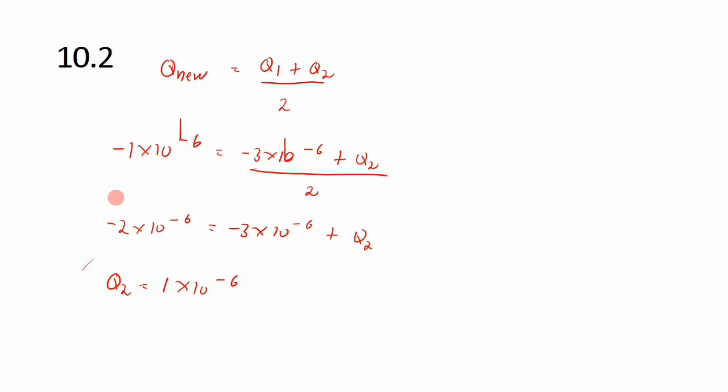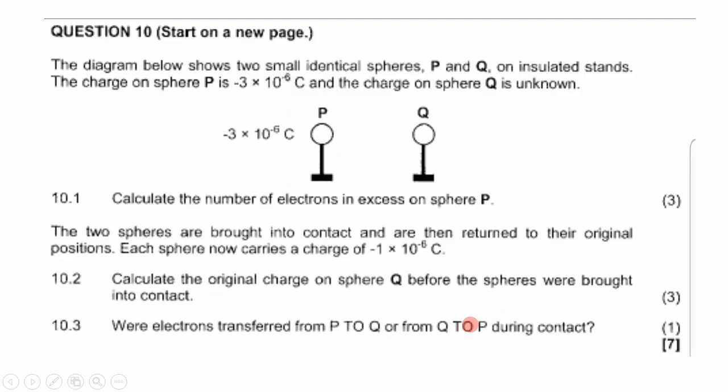So if you transpose this one to this, it will add to that and give you 1 times 10 to the exponent of -6 coulombs, right? So that is the charge on sphere Q. Therefore sphere Q is equal to 1 times 10 to the exponent of -6 coulombs.